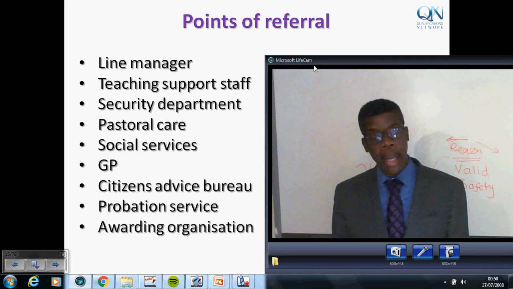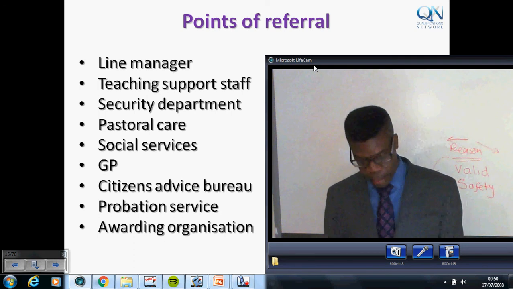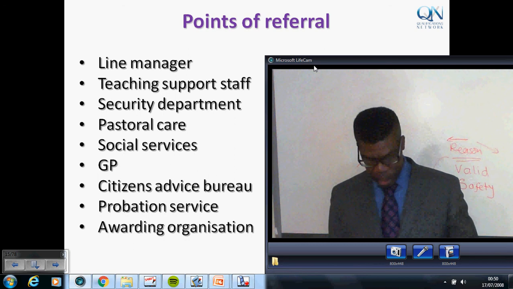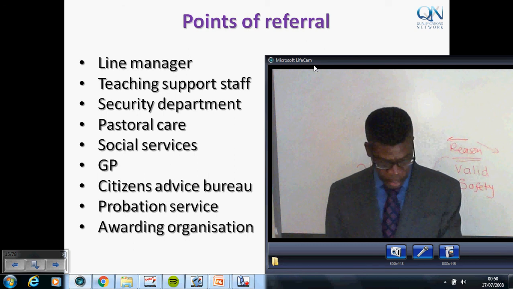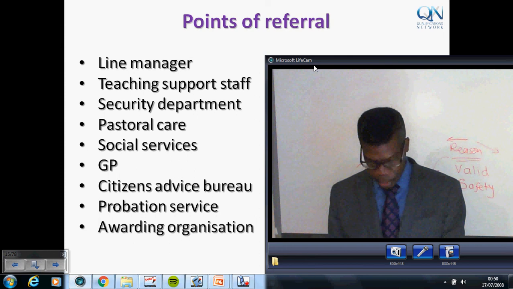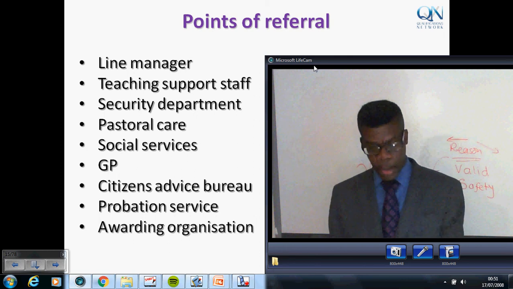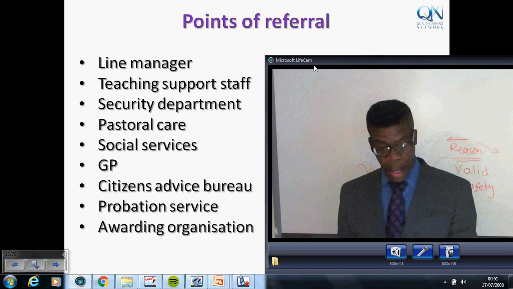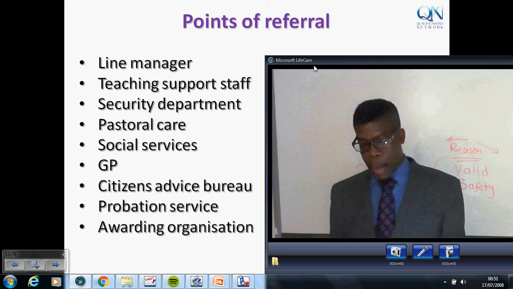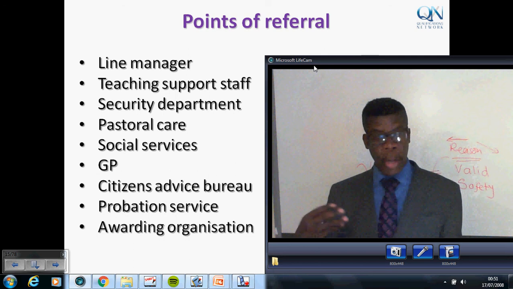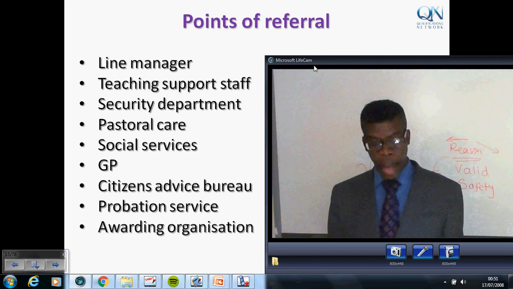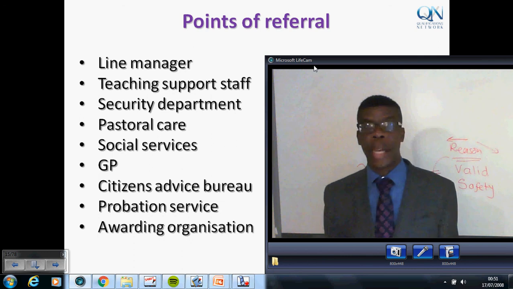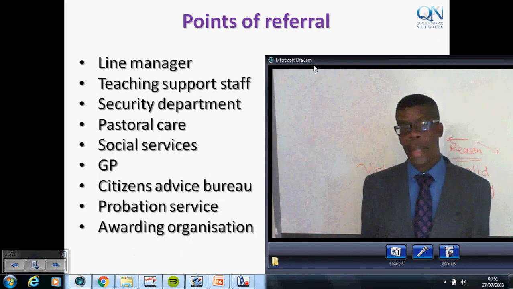If you look at the role of the pastoral carer, what is it that they should be doing really? A pastoral support carer is meant to help a child or a candidate to improve their social, emotional, and behavioral skills, and also involves counseling and listening to the candidate.